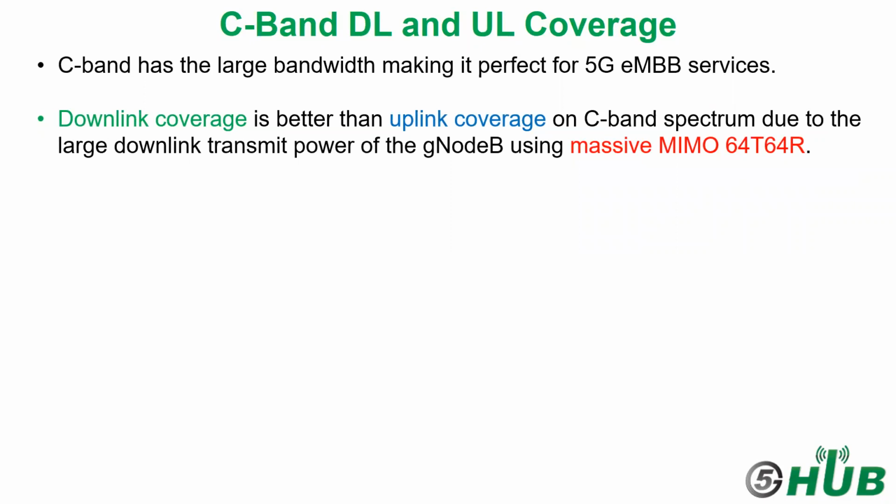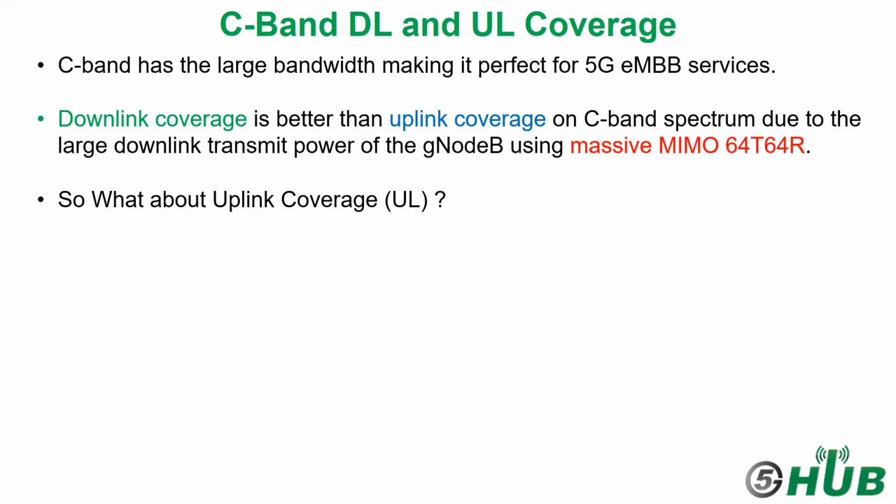This can be compensated for by using massive MIMO antennas, which can provide higher beamforming gains compared to typical passive antennas at 1.8 GHz, because 5G coverage is uplink limited.